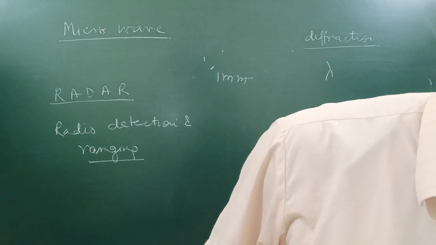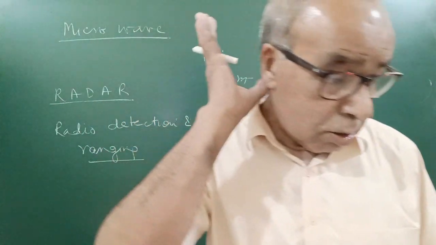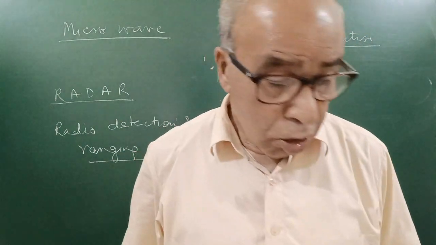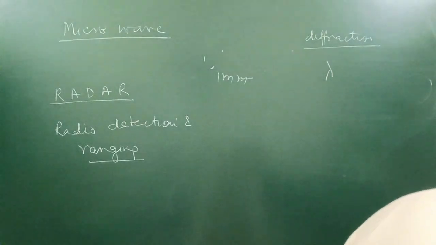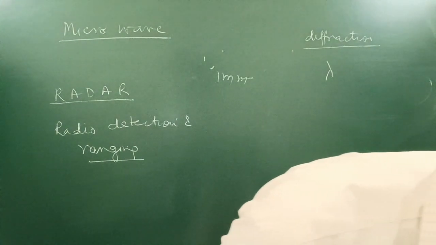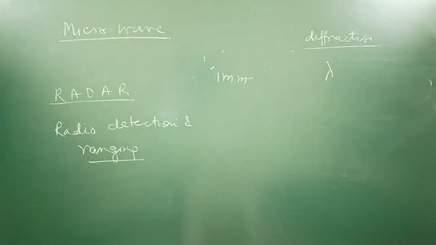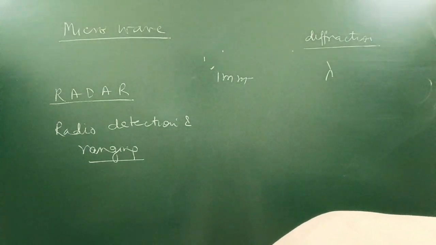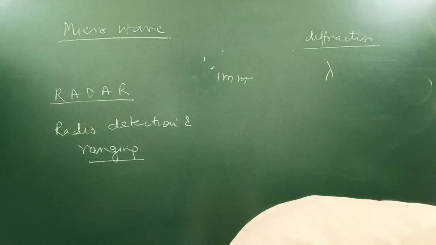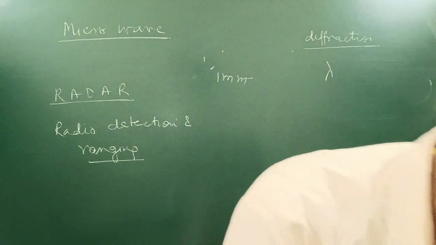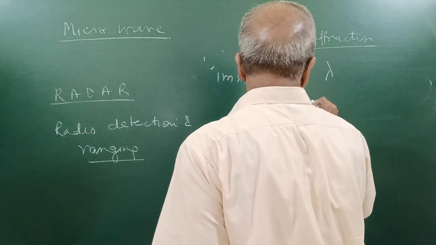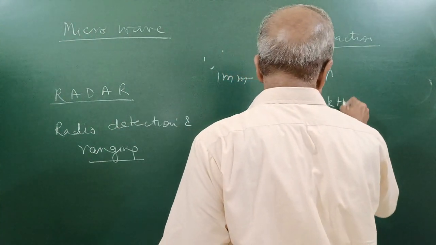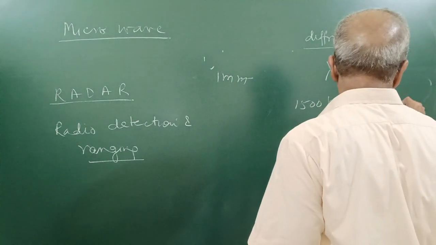Microwave ovens also use them. Then radio waves further, short radio waves. Short radio waves have wavelength varying from 5 millimeter to 50 meter, and frequency range from 1500 kilohertz to nearly 30 kilohertz.